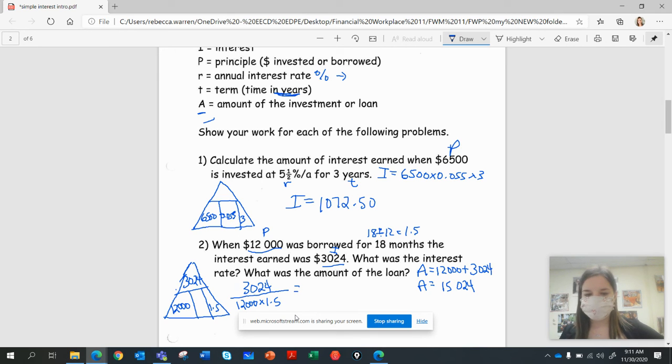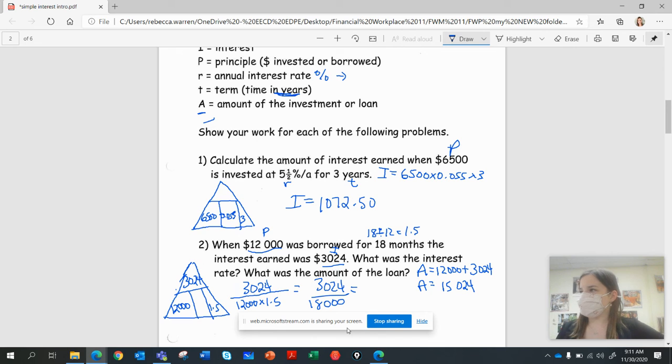What is it, 18,000? So that means 18,000 is your number on the bottom. Now it's 3,024 divided by 18,000. Remember that order matters. You cannot do 18,000 divided by 3,024. You have to do 3,024 divided by 18,000.